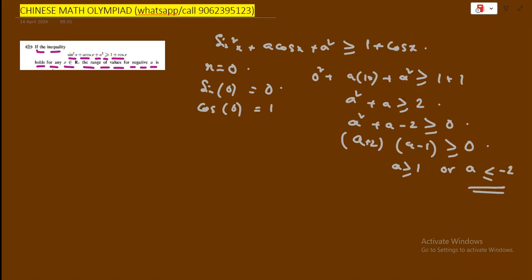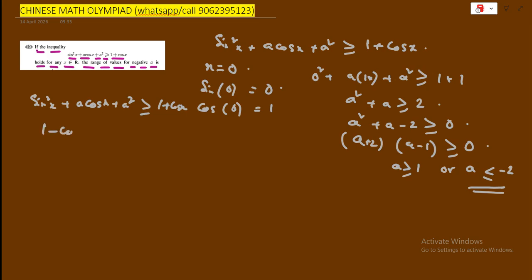Okay, so let's rearrange the original inequality to see if we can use this bounding principle. So sin square x plus a cos x plus a square greater than or equal to 1 plus cos x, right? So replace sin square x with 1 minus cos square x.